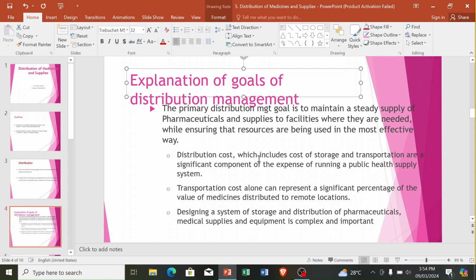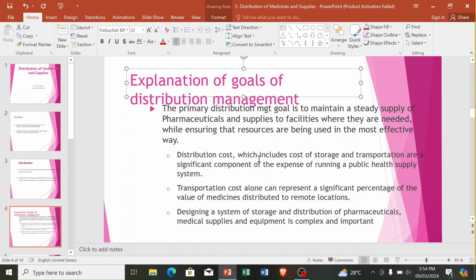So we see that the primary distribution management role is to maintain a steady supply of pharmaceuticals and supplies to the facility where they are needed, while ensuring that resources are being used in the most effective way. Distribution costs, which include cost of storage and transportation, are a significant component of expenses of running a public health supply system.